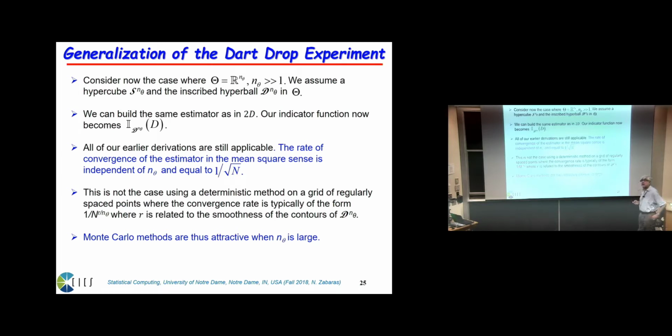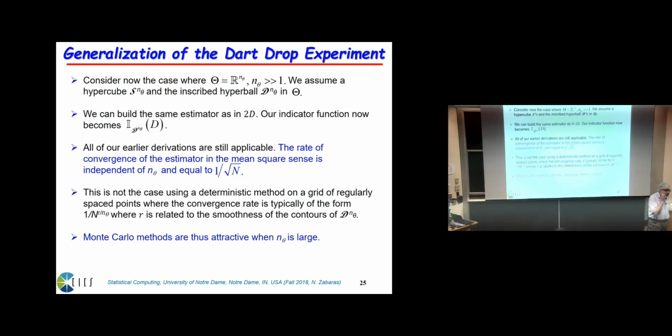So the convergence deteriorates with n theta for all other deterministic methods. That R there has to do with the smoothness of the contours defining this sphere here, because you're going to have to discretize it. But the bottom line is the convergence is 1 over n to a constant divided by the number of dimensions in your problem.